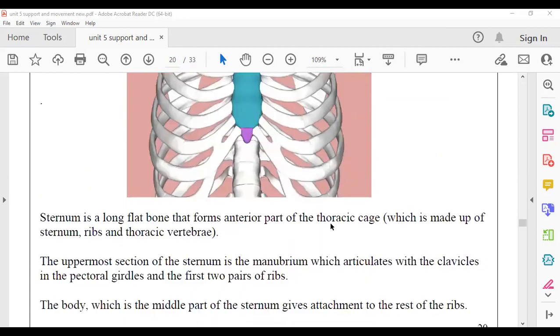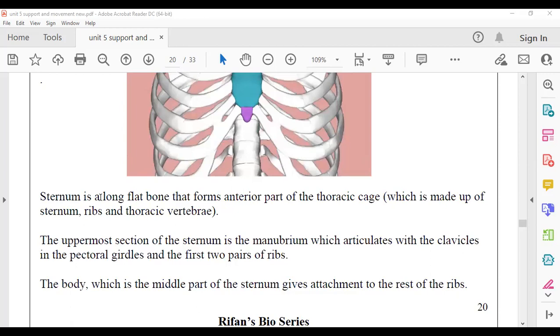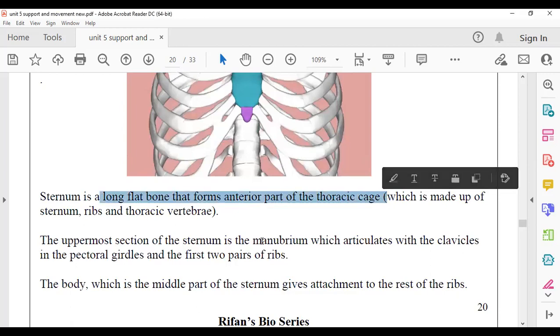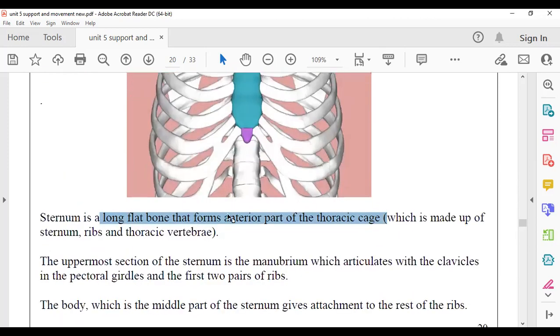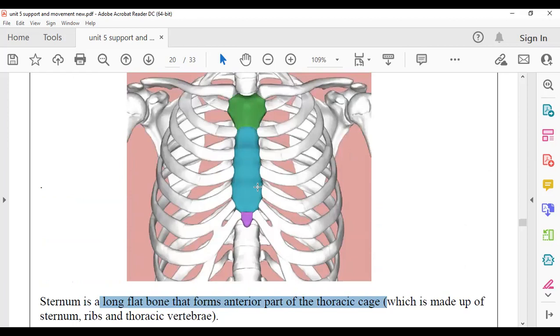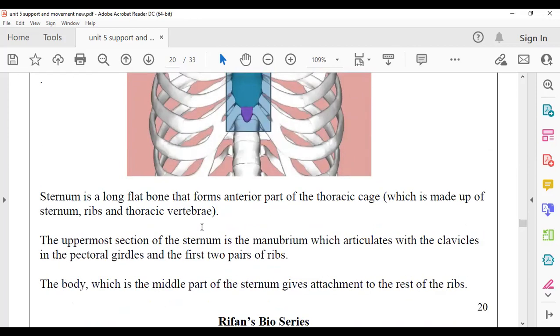So, sternum is a long flat bone. In the front the sternum, at the sides the ribs, behind the thoracic vertebrae, all together they form a cage. The cage is called the thoracic cage.